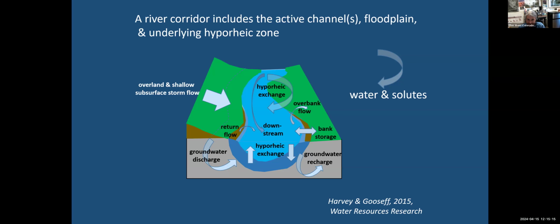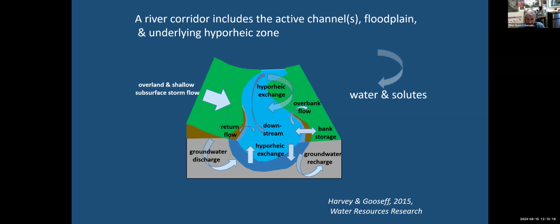So there's a lot of vertical exchange with the hyporheic, the shallow subsurface environment, and with the groundwater. There's exchange laterally through the banks, and in overbank, there's lateral exchange coming in from the adjacent uplands. And it's not that a natural river corridor is highly connected.